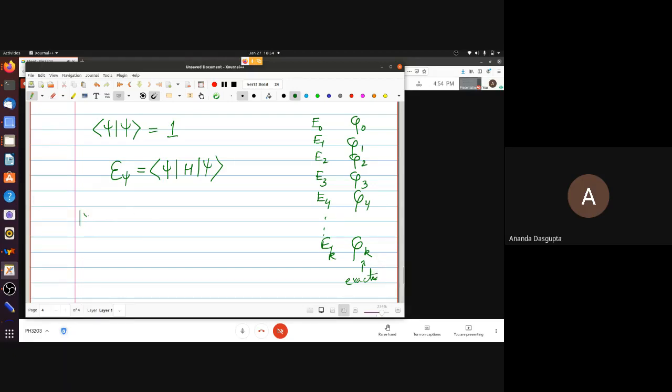Okay, so let's start with this. I'm just going to use a bracket notation for the eigenfunctions as well. Vishayan already has given me the answer, but let me just see whether we can motivate that.